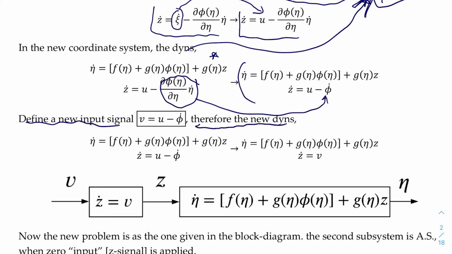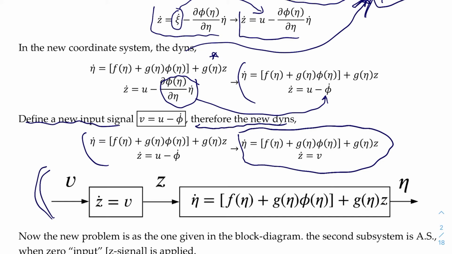Therefore, the new dynamics is this. Okay, so the problem becomes this. First, we have some problem P1, and then we change it to P2, and then we change it to P3, and then P5, and so on.